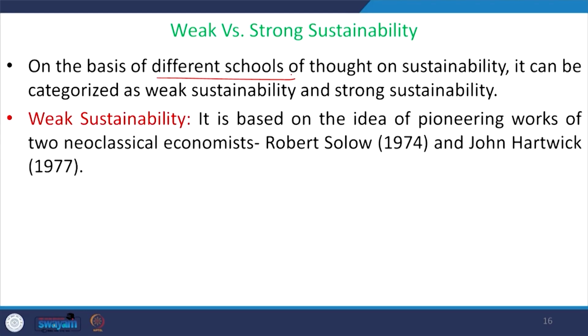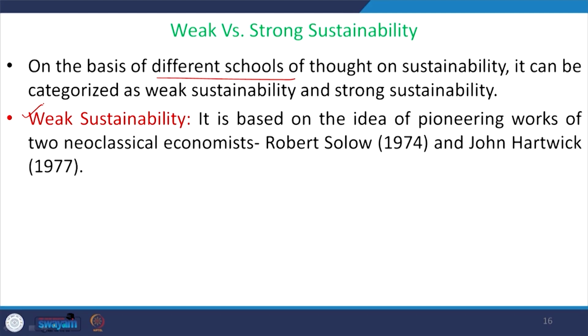So, what is the first category of sustainability, that is weak sustainability? This idea of weak sustainability can be found from the pioneering work of Robert Solow in 1974, and we understood that this economist is a neoclassical economist.